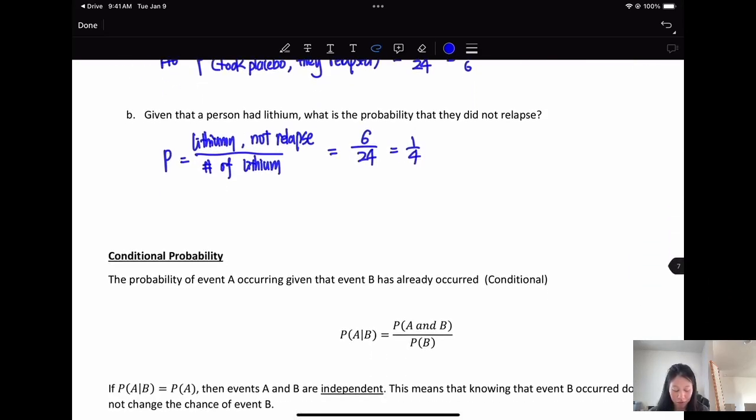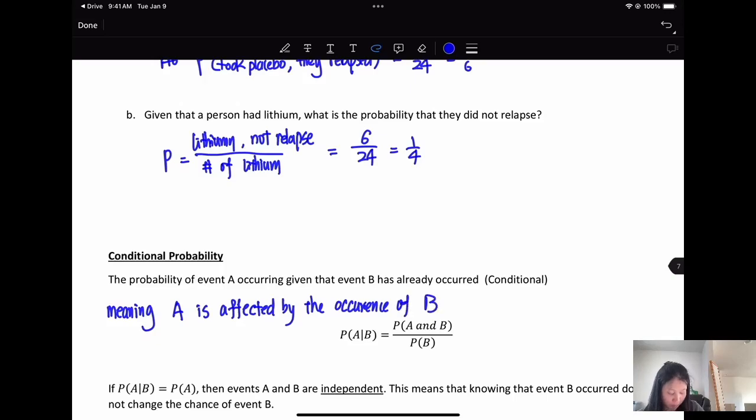The probability of event A occurring given that event B has already occurred, meaning that event A is going to be affected by the occurrence of event B. So the conditional probability is P(A given B), where this line means given, is equal to the probability of A and B over P(B).